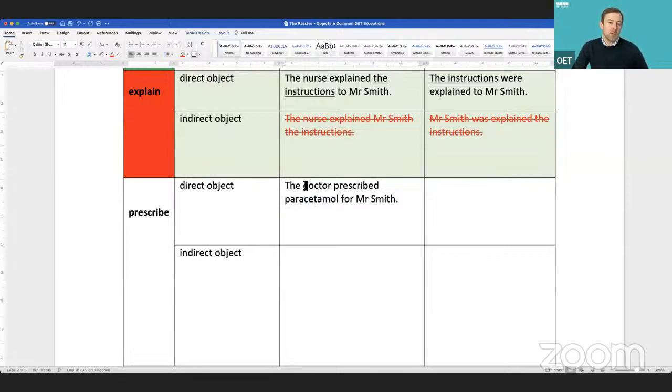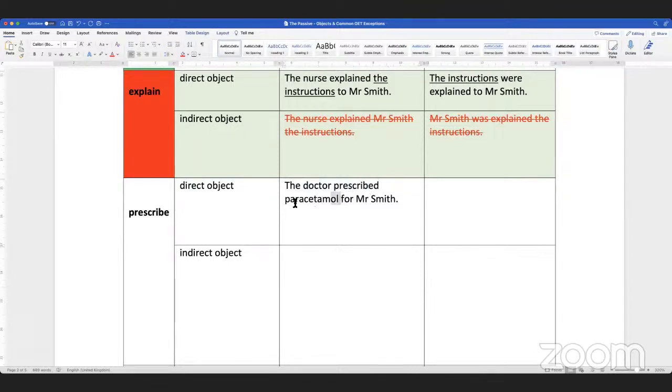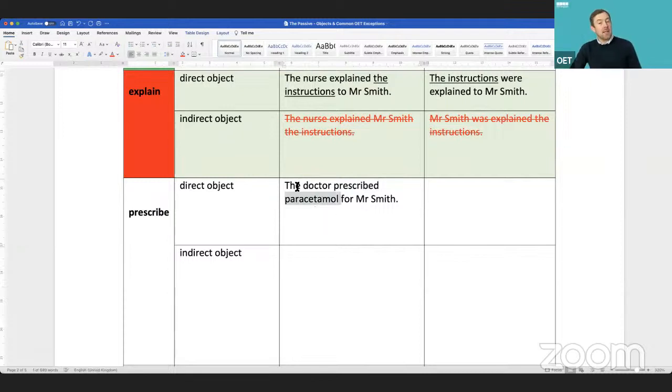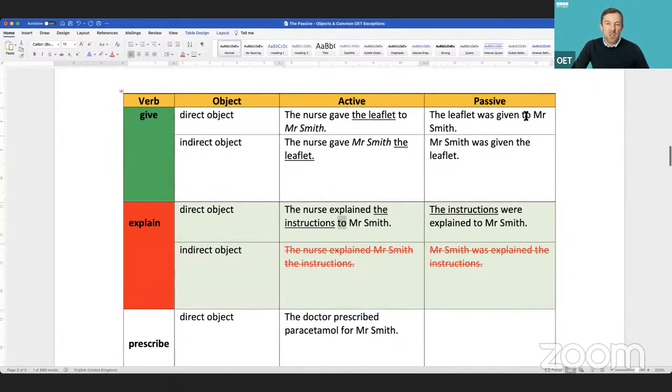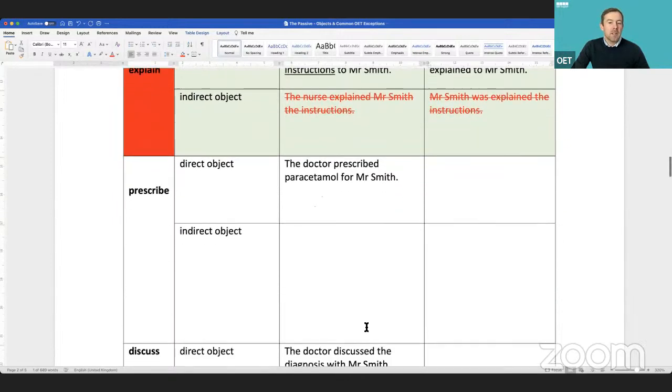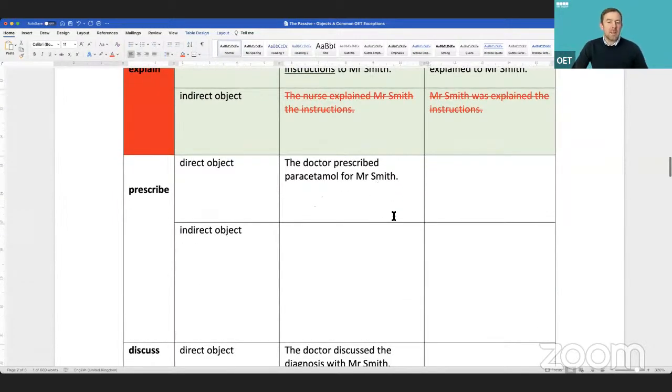The doctor is the subject followed by the verb. What did they prescribe? They prescribed paracetamol, object. Okay, that's great. So that means that I can say the doctor prescribed paracetamol for Mr. Smith. And I've introduced the indirect object with this prepositional phrase, like we often do, to up here, to here as well.